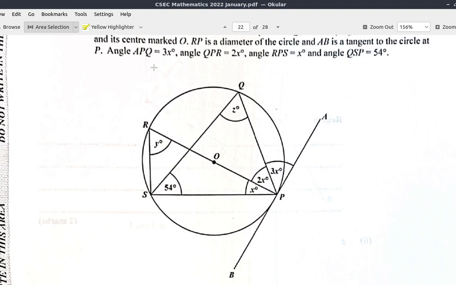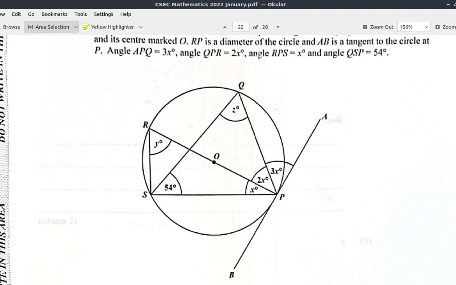Now angle APQ is 3x, so you have that angle here, and angle QPR is 2x.